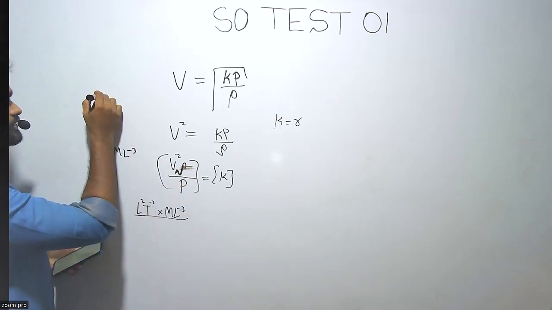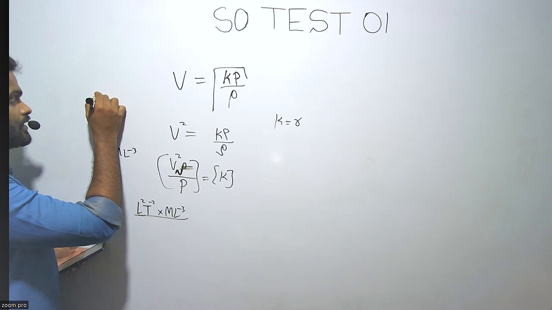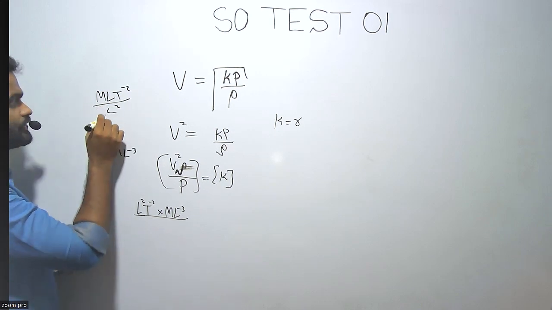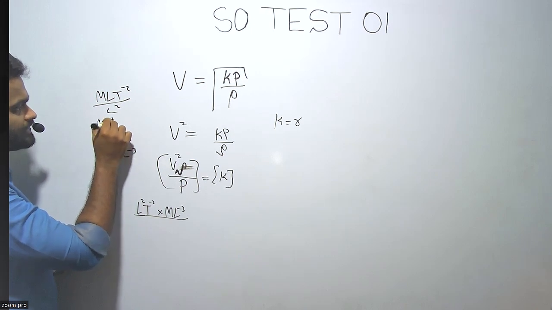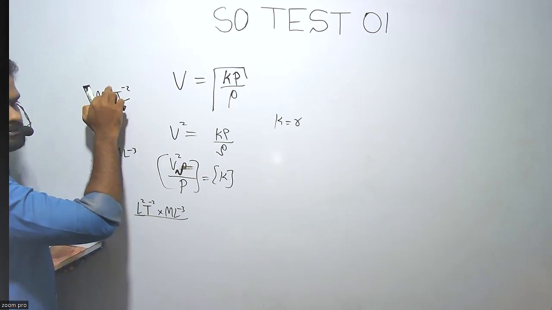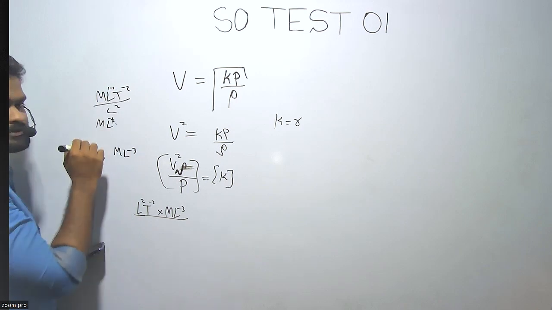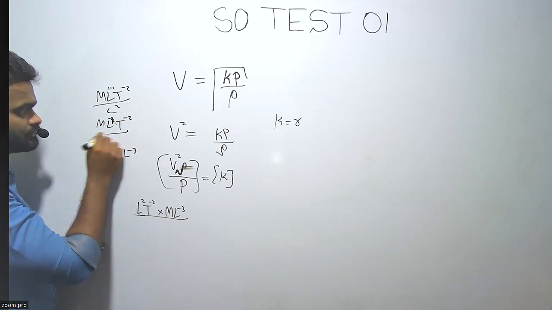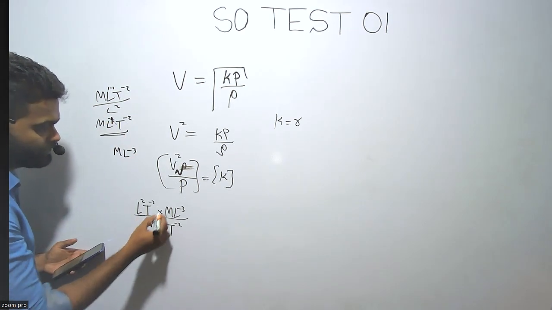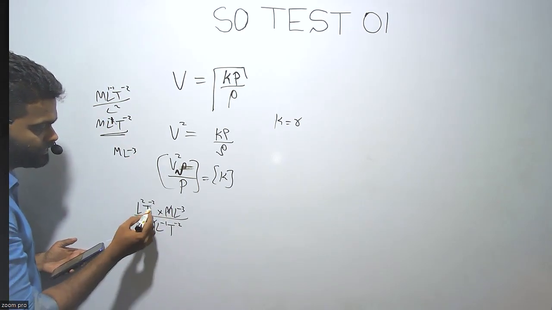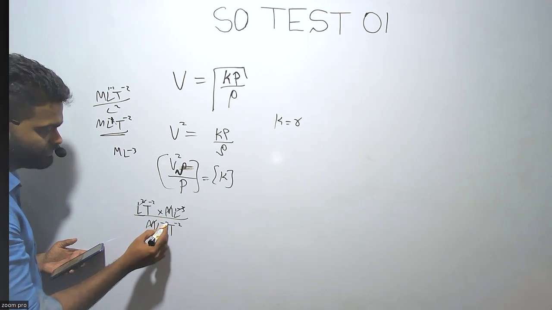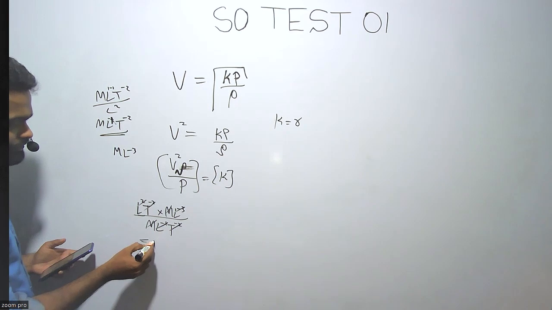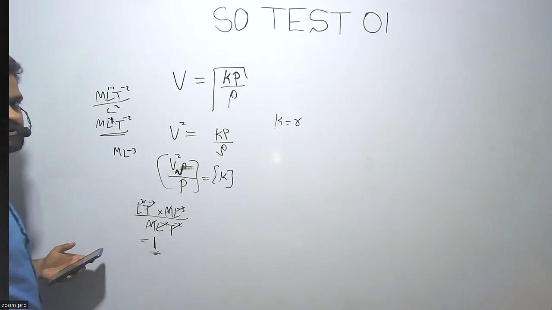Pressure is force divided by area. Force is M L T minus 2 divided by area, L squared. So what do you get? M L minus 1 T minus 2. So we have L minus 1 T minus 2 on the top and L minus 1 T minus 2 on the bottom, and it cancels off. Everything cancels off. What you get is 1, right?